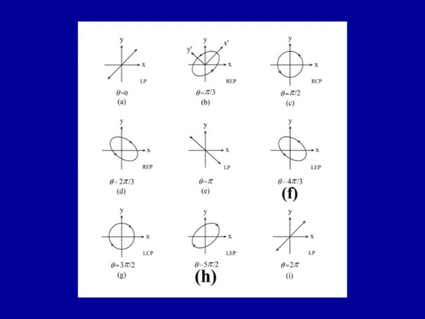And in the general case, when the phase difference is not that simple, if it is pi by 3 as shown in the figure, or 2 pi by 3 or 5 pi by 3, the result is elliptically polarized light, right elliptically or left elliptically, depending on how the electric vector rotates.